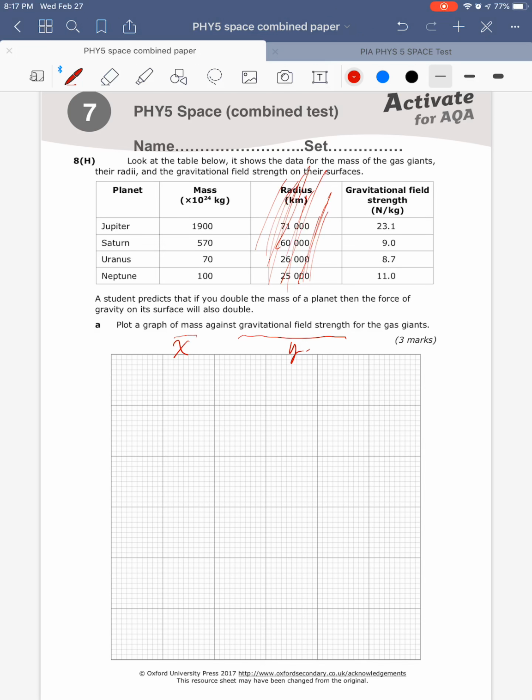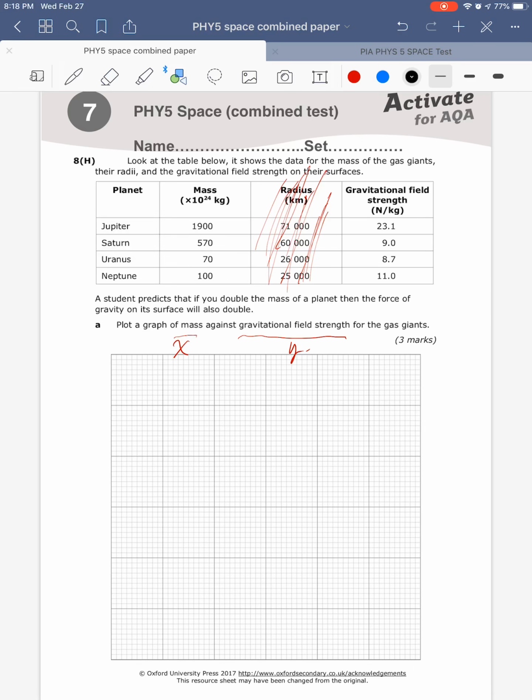Okay, so the first thing that I need to do is to set up my axes. I'm going to give myself a little bit of space. You want to use up at least half of your available graph paper in terms of the amount of space.